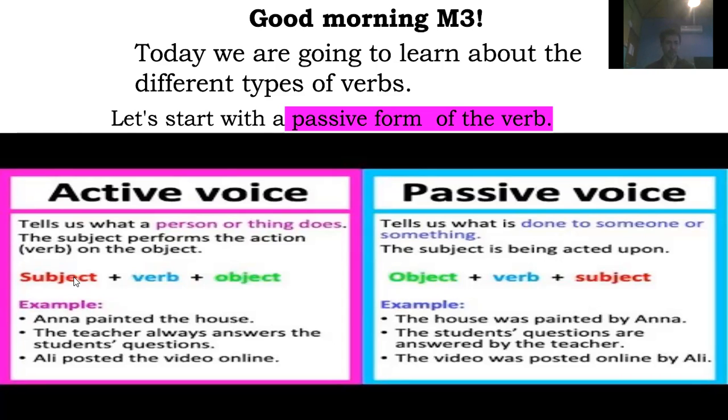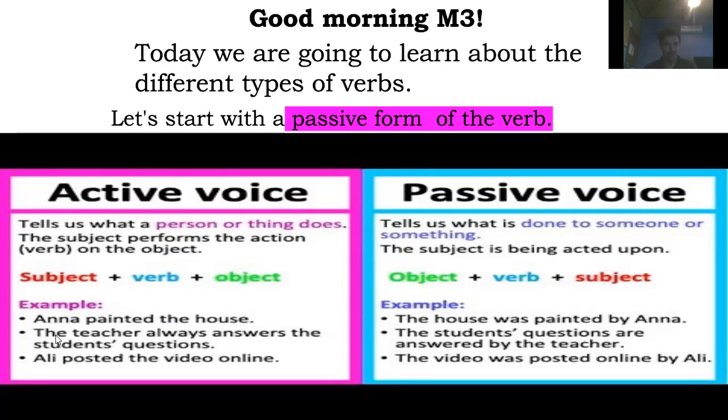For example, subject, verb, object: Anna painted the house. You see what's happened here now. Instead of the object first, as in the house was painted by, it's now the subject first. Anna being the subject, painted being the verb, the house being the object.